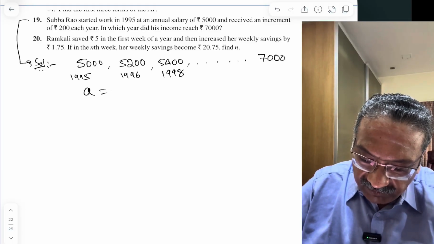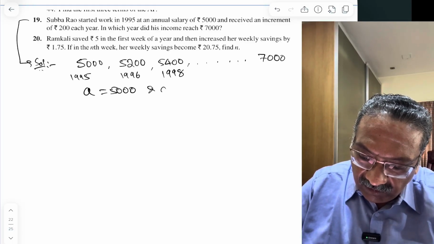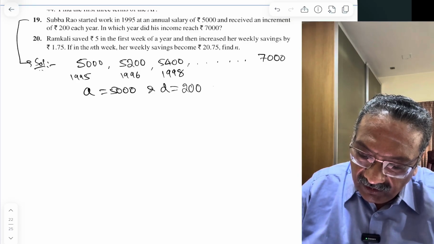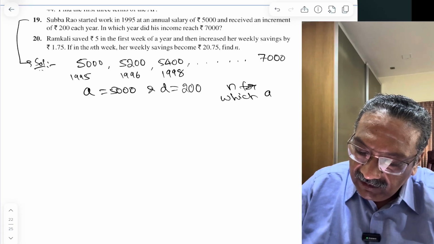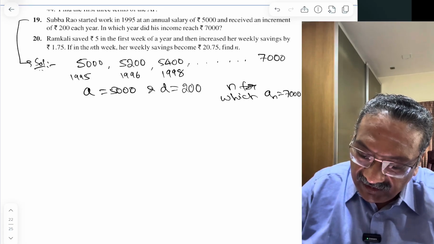So here the first term is 5,000 and the common difference is 200. We have to find n for which AN is equal to 7,000. What is AN?